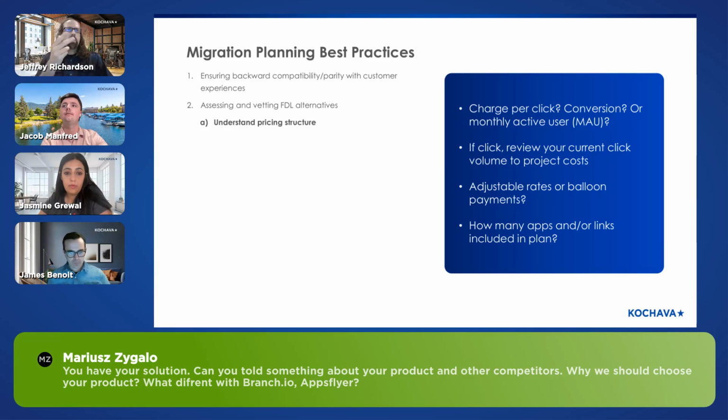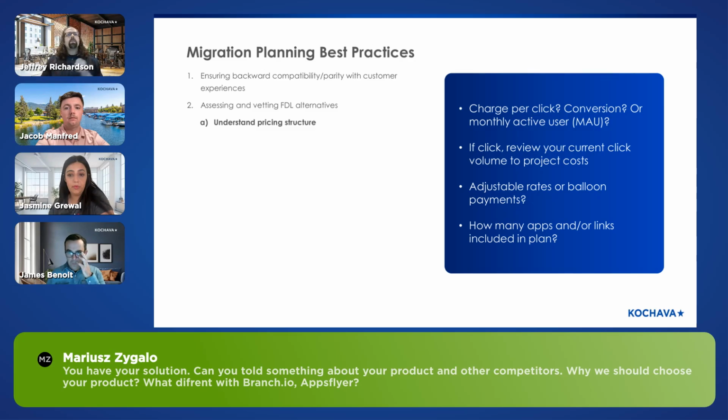There are some different features and corner cases. Really, I think it would go back to point one, which is understand your existing deep links and all the customer experiences that you've built behind them, and then vet that with that provider and make sure they can support those. That's probably your best bet to make sure you land on the provider that's going to give you the closest parity to existing FDL functionality, or in some cases, we can even improve on that.